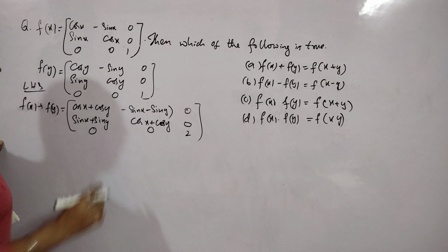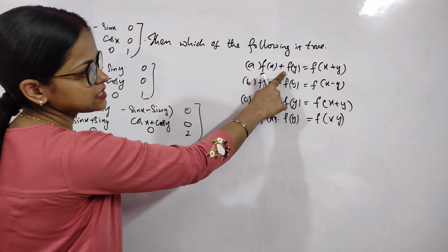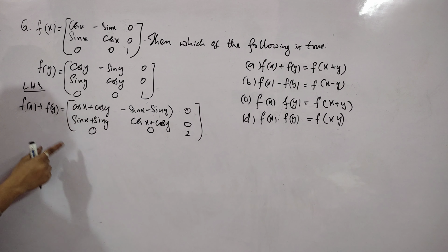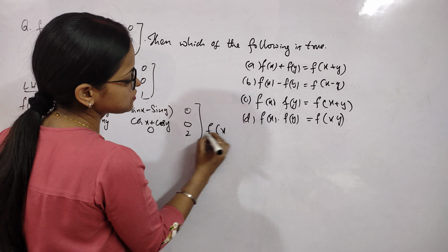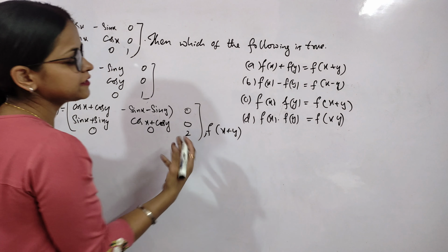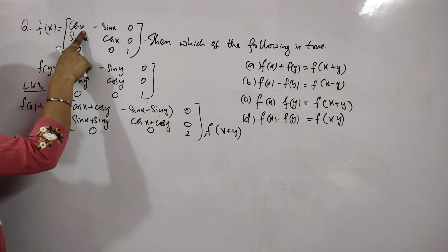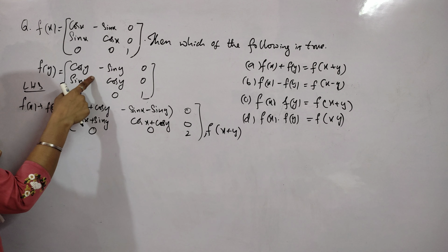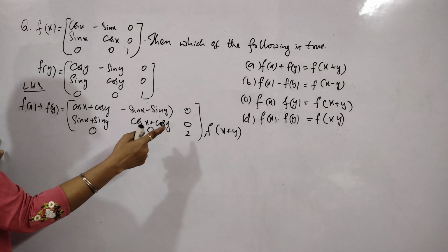Now, on adding these two functions, we are not getting the result in terms of f of x plus y. If it is f of x plus y, in the place of x we can substitute x plus y.